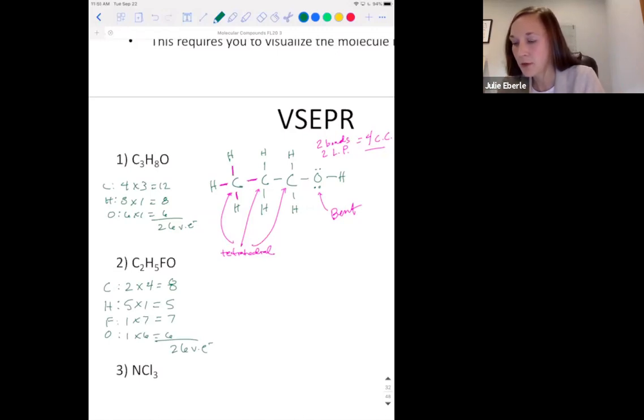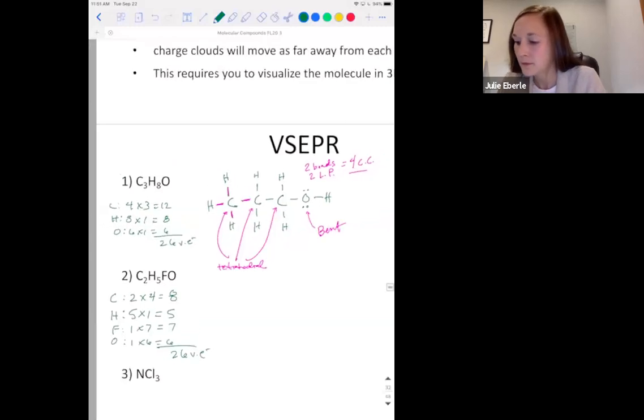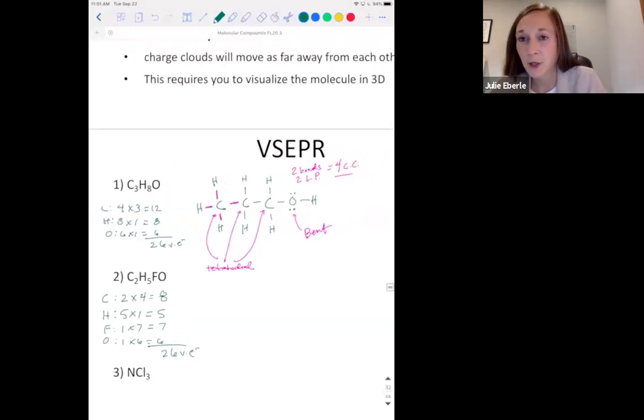So let's draw our structure. I want you to go ahead and start trying to draw it. Remember, hydrogen and fluorine, they're going to have to be the perimeter atoms. Oxygens and carbons can be central atoms. Your structure may look different than mine.